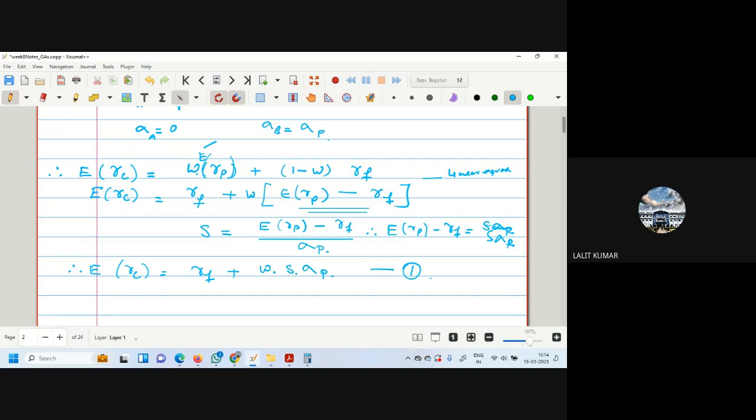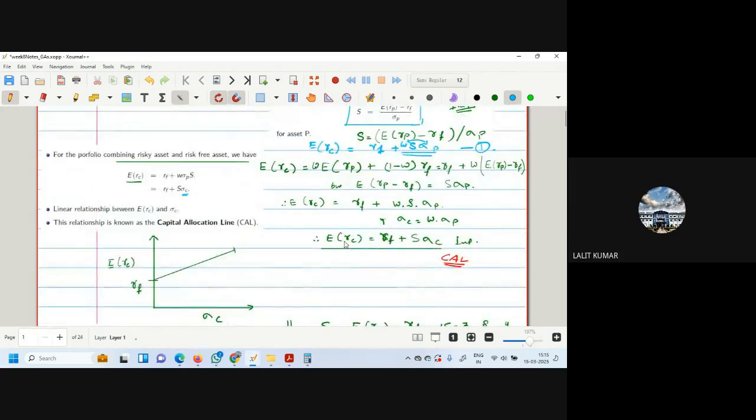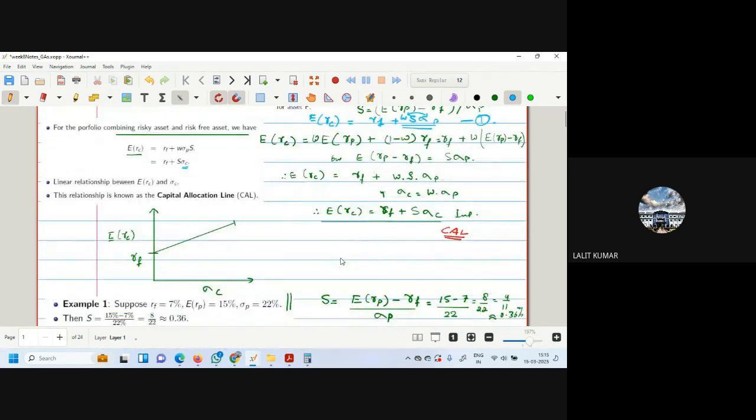Now your total standard deviation is equal to W into sigma P. Therefore, you can write ERC is equal to RF plus S into sigma C. This is the final equation you get. Now clear? And this final equation is also known as the CAL.